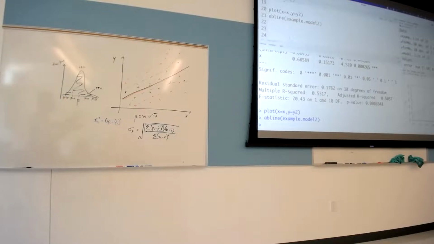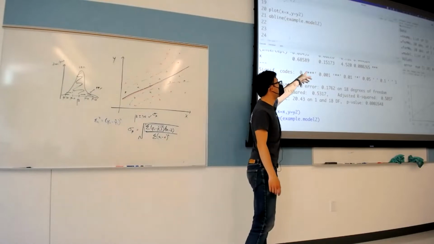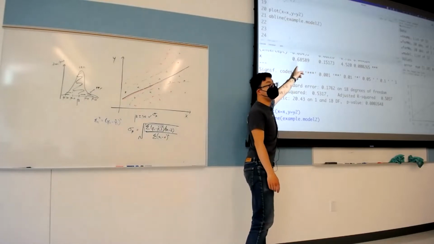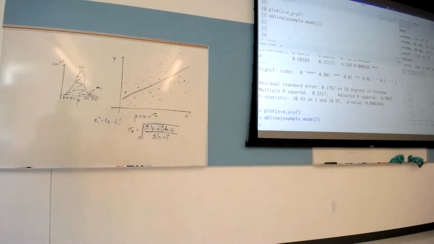It is within not that many standard errors, right? We know the true value is 0.5, which we happen to know in this case. But it's not super close.